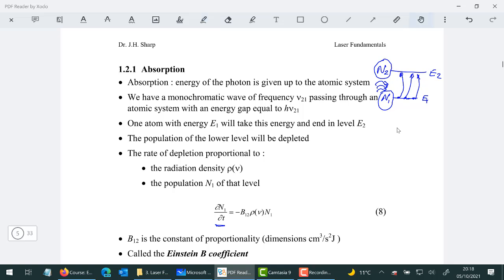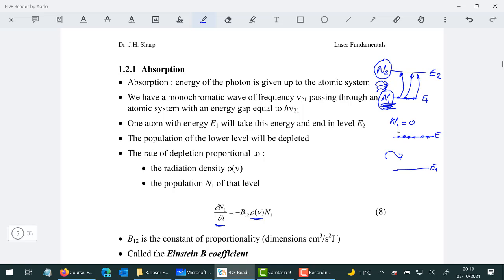So it depends on the energy that we put in, the radiation density, but it also depends on the number of atoms in level 1. If N1 equals 0, in other words, we have all of the atoms sitting up in energy level 2, then if the photon comes in, there are no atoms down in energy level 1 to actually do any absorbing.